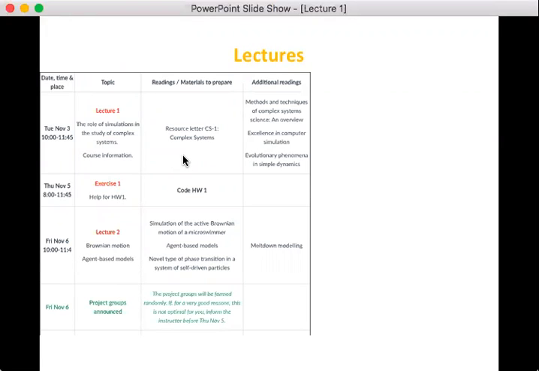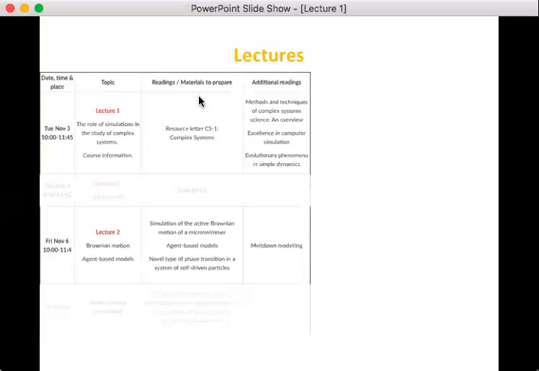The three things, lectures, homeworks, and group project, are mixed because they are in chronological order. But now let's focus just on the lectures. You see there is lecture 1, which is today, and the idea here is to give you a motivation of why we want to study complex systems with simulations and to give you the course information.